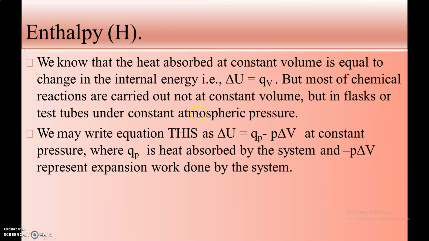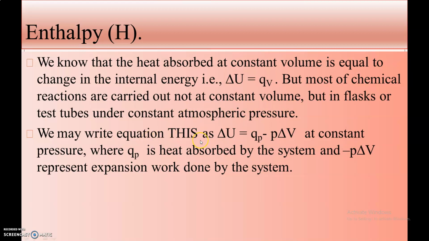But most chemical reactions are carried out not at constant volume. If we check the reactions, in most cases there won't be constant volume; the volume will vary. But in flasks or test tubes under constant atmospheric pressure, this will occur.